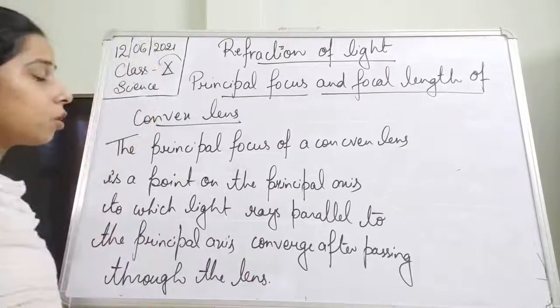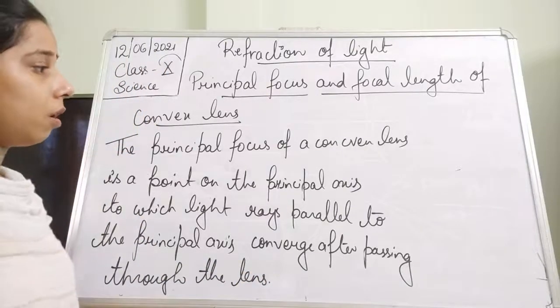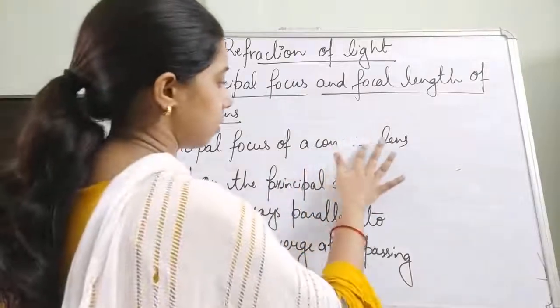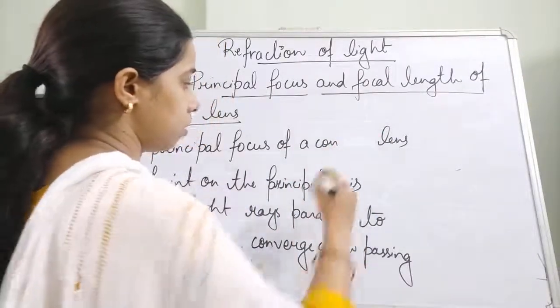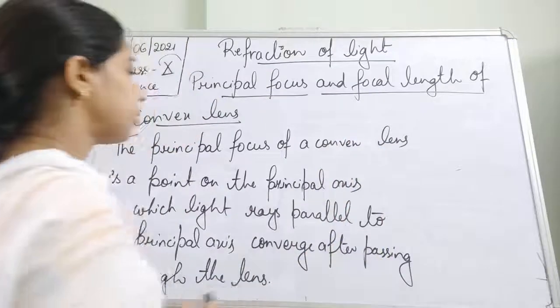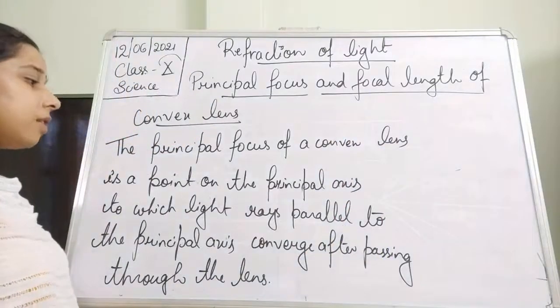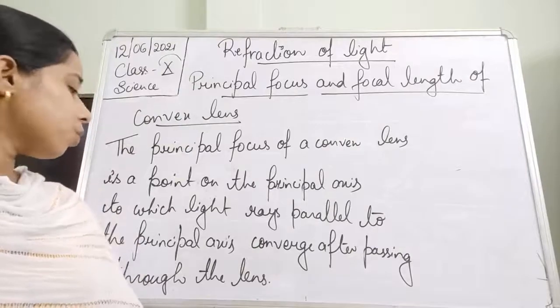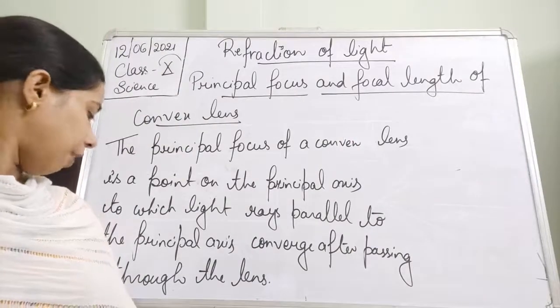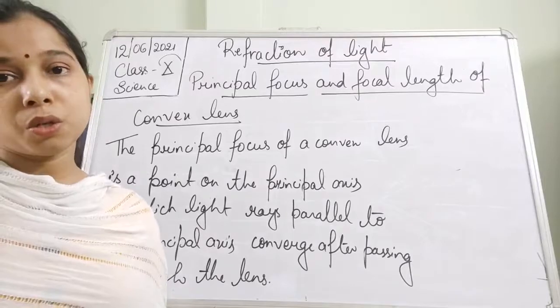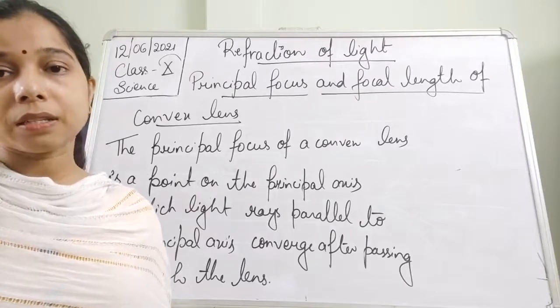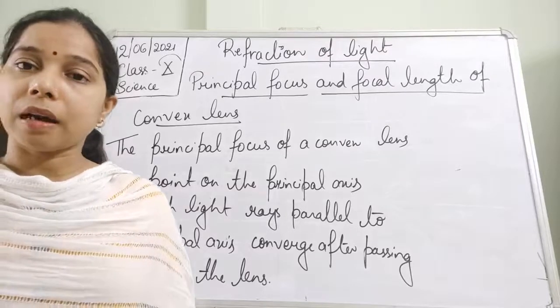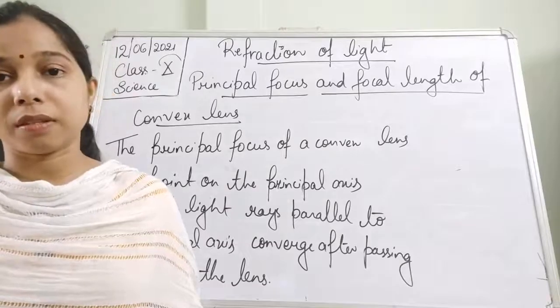The principal focus of a convex lens is a point on the principal axis to which light rays parallel to the principal axis converge after passing through the lens. So it converges after passing through the lens, and that is called the principal focus, students.